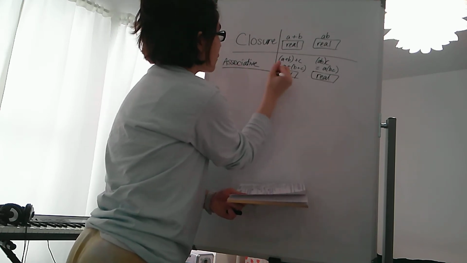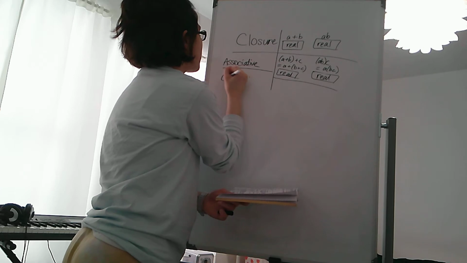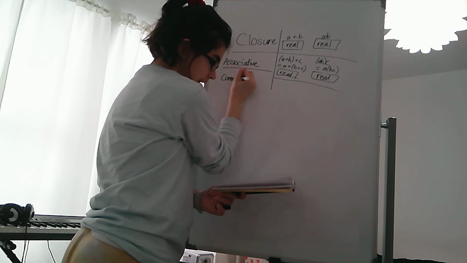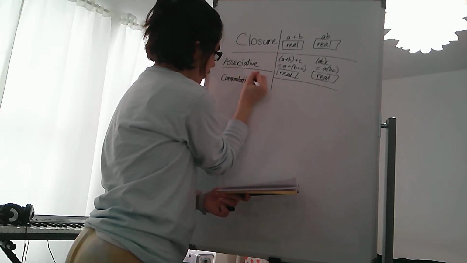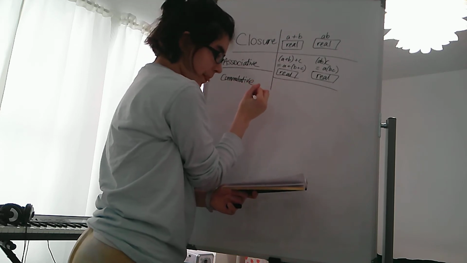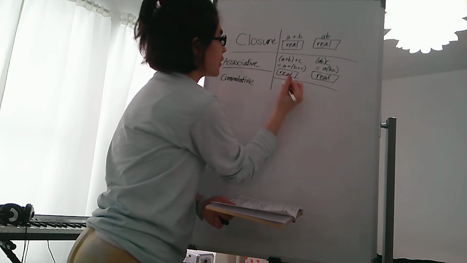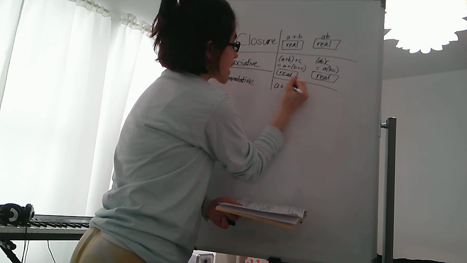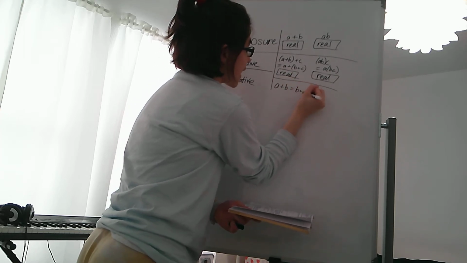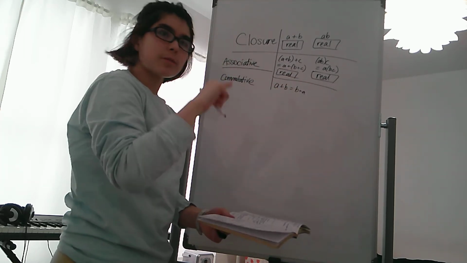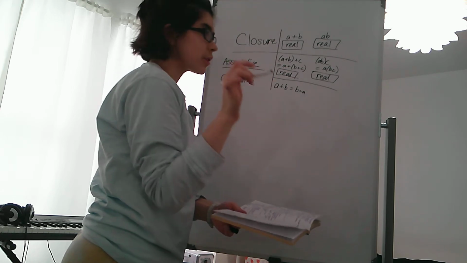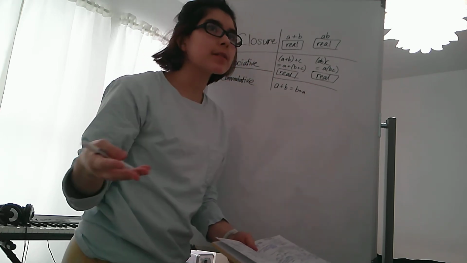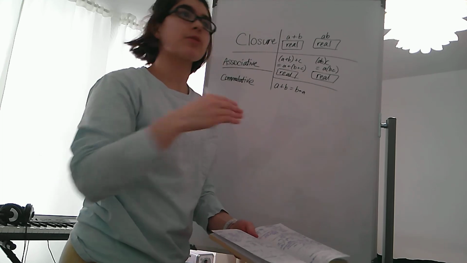So now we move on to the commutative property. That one's a little easier. A plus B equals B plus A. You can take two numbers, switch the order around, and you still get the same sum. So I could take 1 plus 3, it's the same as 3 plus 1.